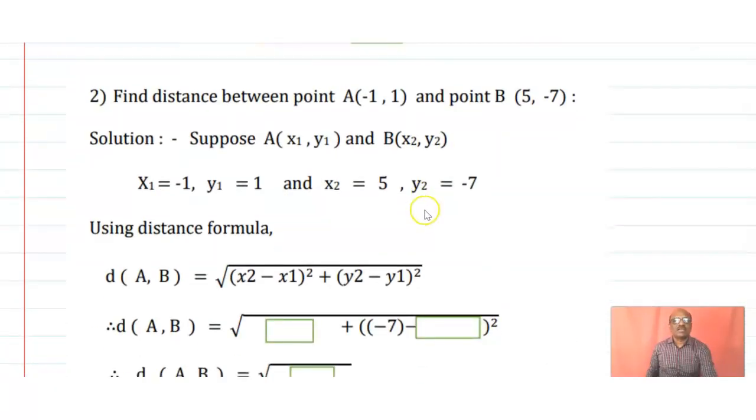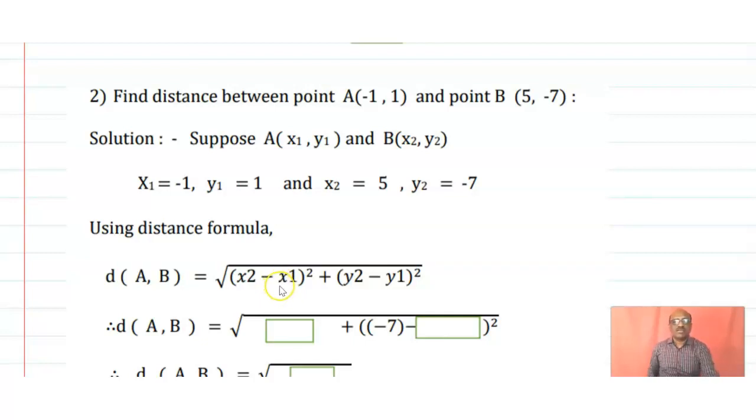Okay. Now the next question, find the distance between the point A (minus 1, 1) and B (5, minus 7). A is x1 y1, B is x2 y2. Okay, and here the distance AB, x2 is 5 and x1 is minus 1, y2 is minus 7, y1 is 1.